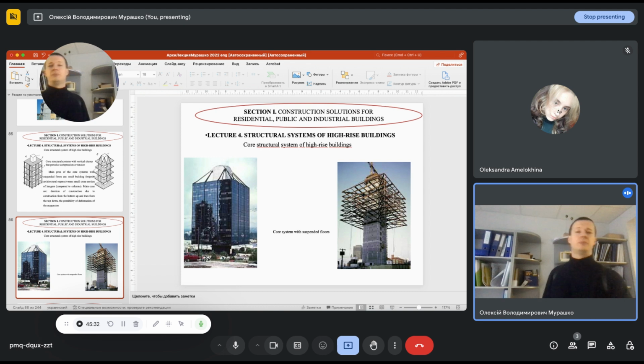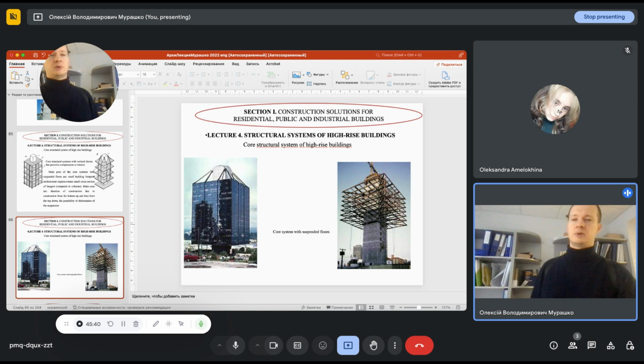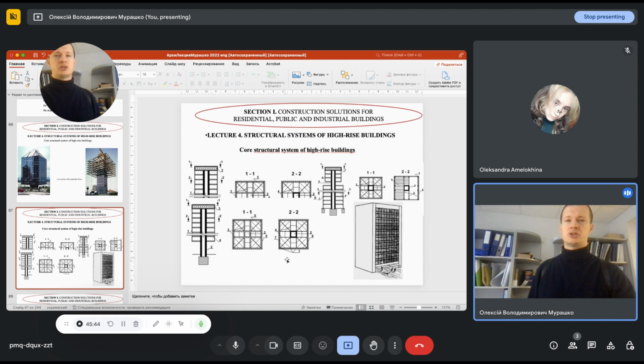And this type of building is really good and really interesting. From the architect's point of view, it gives an ability to make something interesting with something expressive. Variants of creation of such structural core of the building, and sometimes buildings can have more than one core.